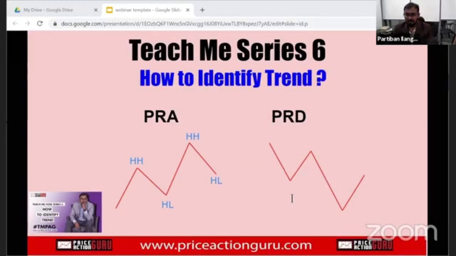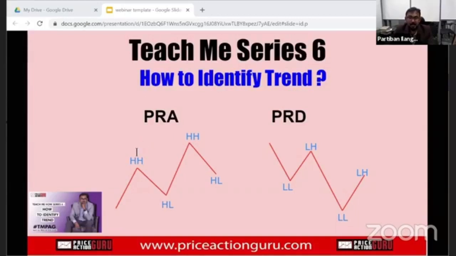And this is lower low, lower high, lower low, lower high. Okay. So whenever you find these 4 points, let me mark which one comes first.